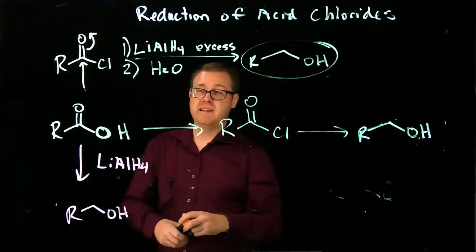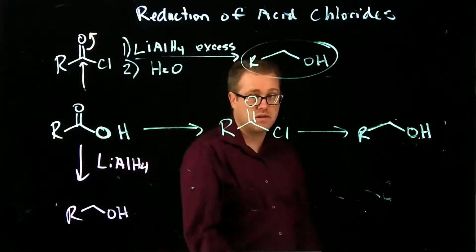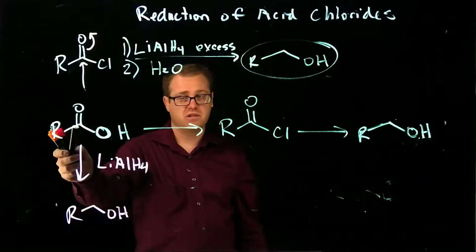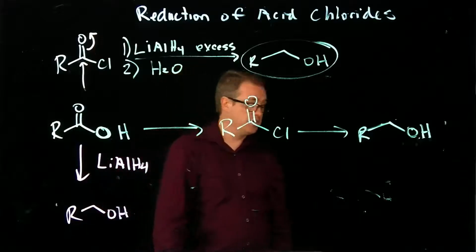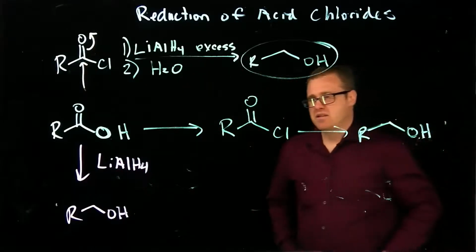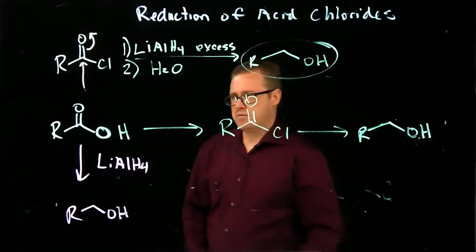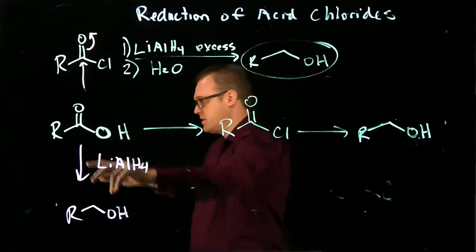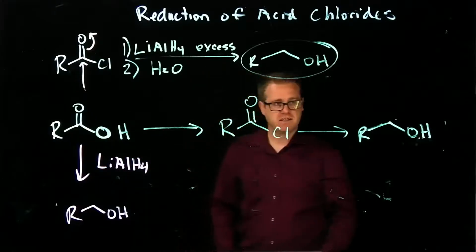So that is why we typically don't use acid chlorides to make alcohols, because it's just easier to start with the carboxylic acid and do it that way. So that's just a practical thing to be aware of. It just makes logistic sense, right? One reaction instead of a couple.